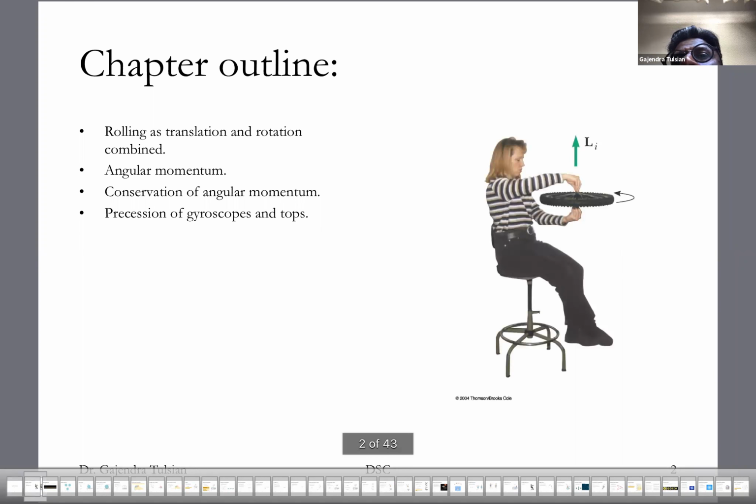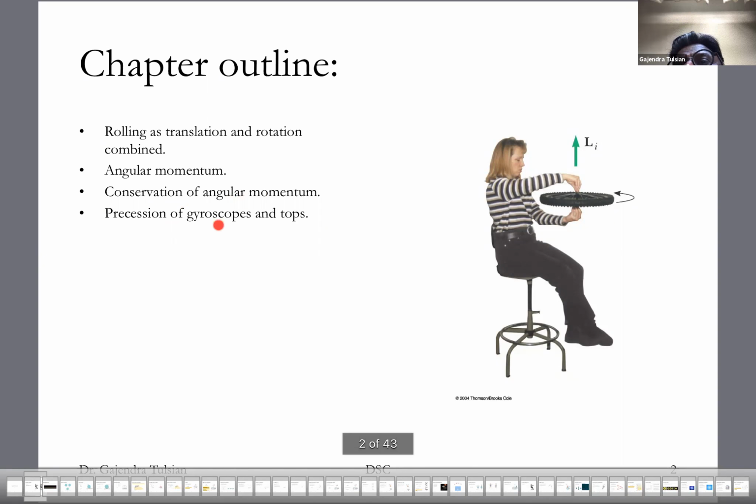So here are the topics we'll cover. As I said, we'll start off with rolling motion, which is a combination of translation and rotation. We'll define angular momentum denoted by L. Conservation of angular momentum is what I just stated: when there's no external torque acting on a system, the angular momentum of the system remains constant.